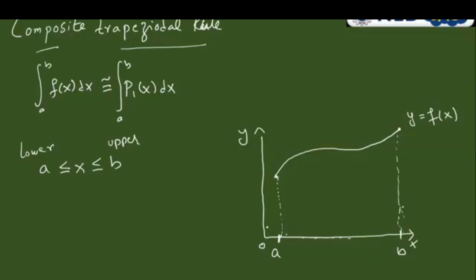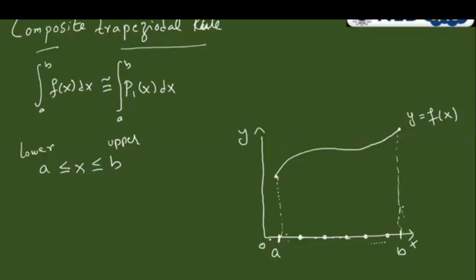So what we will do, we divide that interval into small pieces of equal length. For example, I will divide it like that. I select one point here, one point here, one point here, one point here, and so on till the second last point. How will we do that? Very simple.